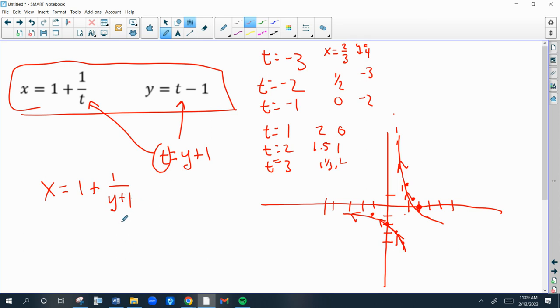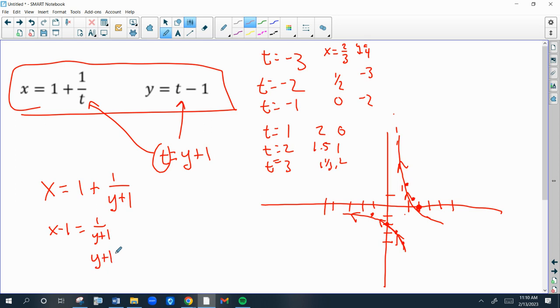So now we could just plug in values of x and y, and we should get the same points. Let's try to solve this for y. I'm going to flip both sides here.